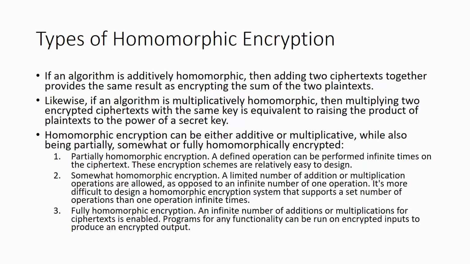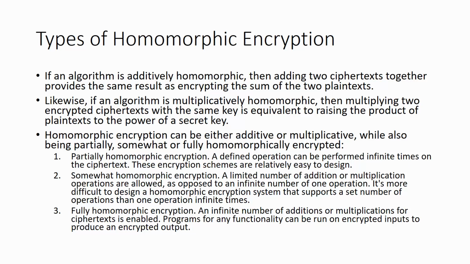Now, homomorphic encryption can be either additive or multiplicative, and there is a separate categorization called partially homomorphic, somewhat homomorphic, or fully homomorphic. Partially homomorphic encryption is a scheme where a defined operation can be performed infinite times on the encrypted data. These encryption schemes are relatively easy to design.